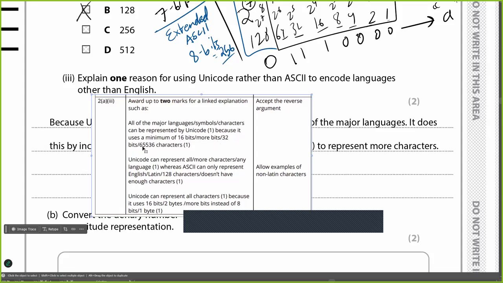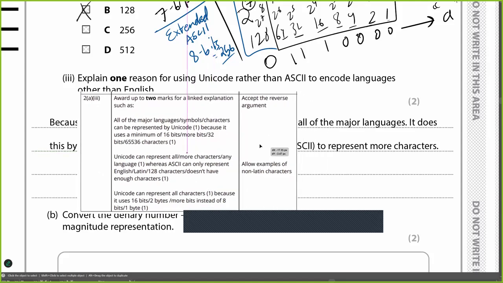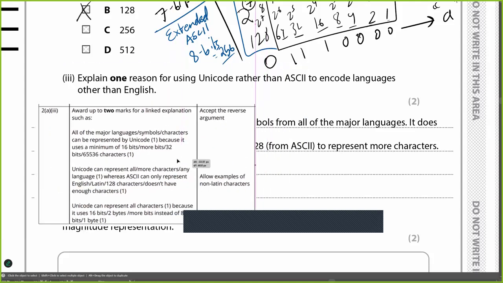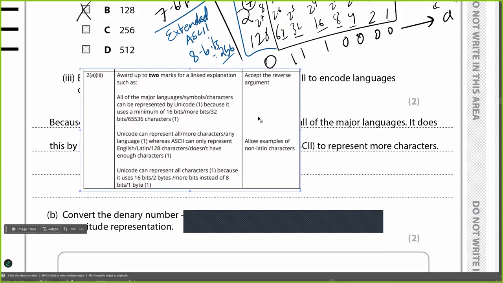If it's 32 bits, you can have 65,536 characters. You could also say Unicode can represent all characters because it uses 16 bits, or 2 bytes, or more bits instead of 8 bits. I think our explanation should be sufficient to get the 2 points in this question, inshallah. Let's move on to the next question.